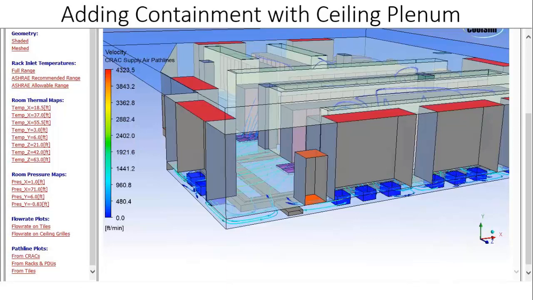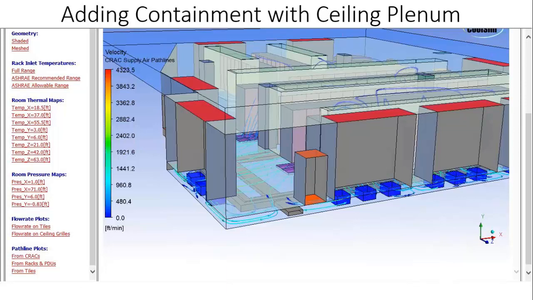There's the comment about a recirculation gap in the second long row being a killer, and what about blocking the in-row recirculation? I think that's an excellent idea. This is a simulation that Paul and I came up with for this webinar, and in reality, you get to a room, and if it's existing like we're simulating here, you look at all the different options. It doesn't have to be containment.